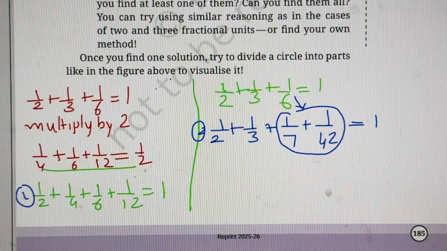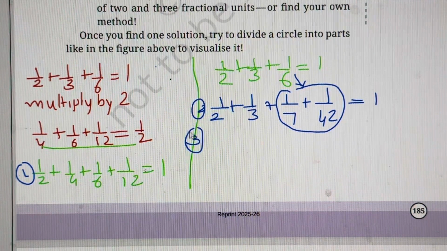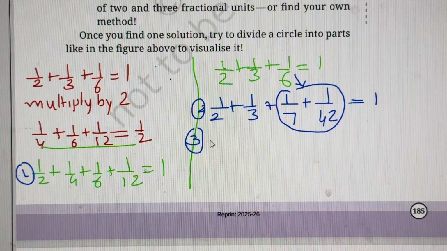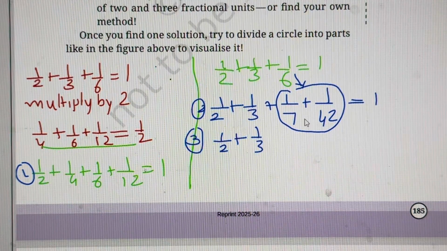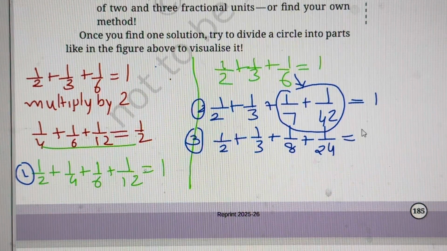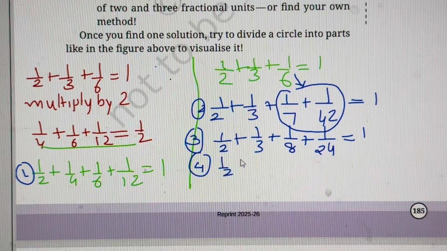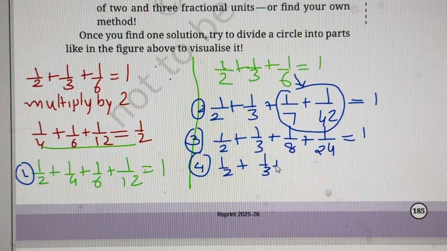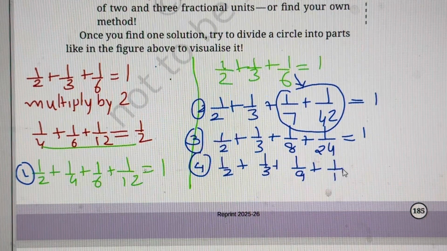Just the third one. We can take 1 upon 2 plus 1 upon 3, and this part is replaced by 1 upon 8 plus 1 upon 24. This will also give you 1 whole. Again, the fourth one is 1 upon 2 plus 1 upon 3 plus 1 upon 9 plus 1 upon 18.